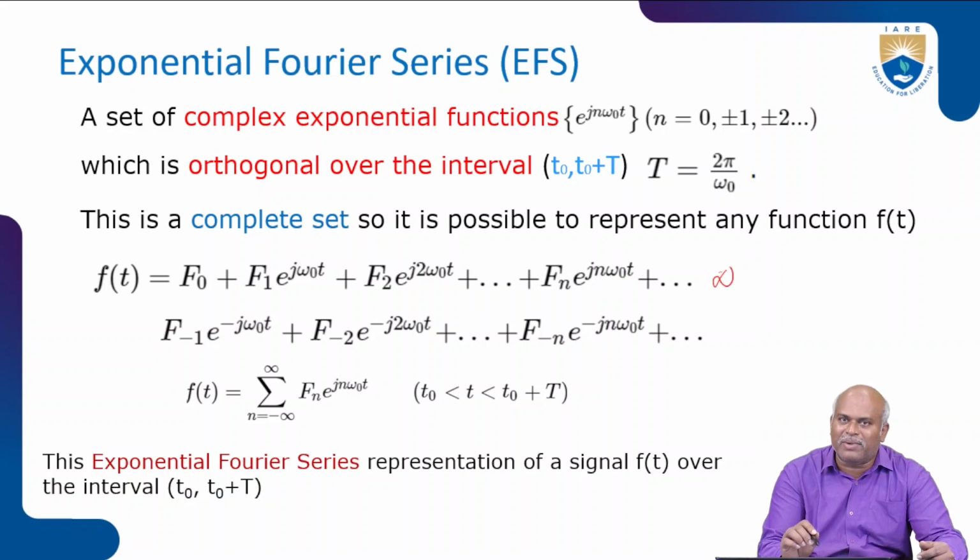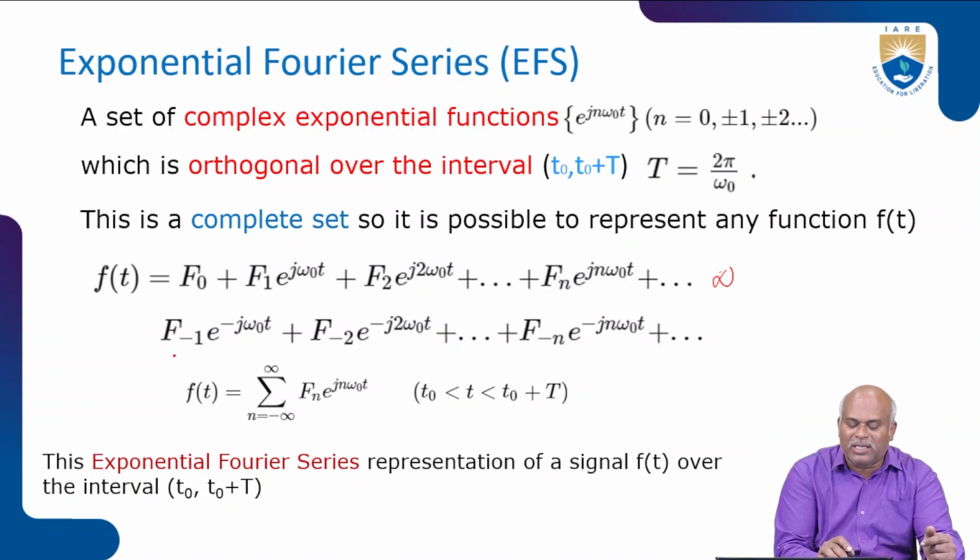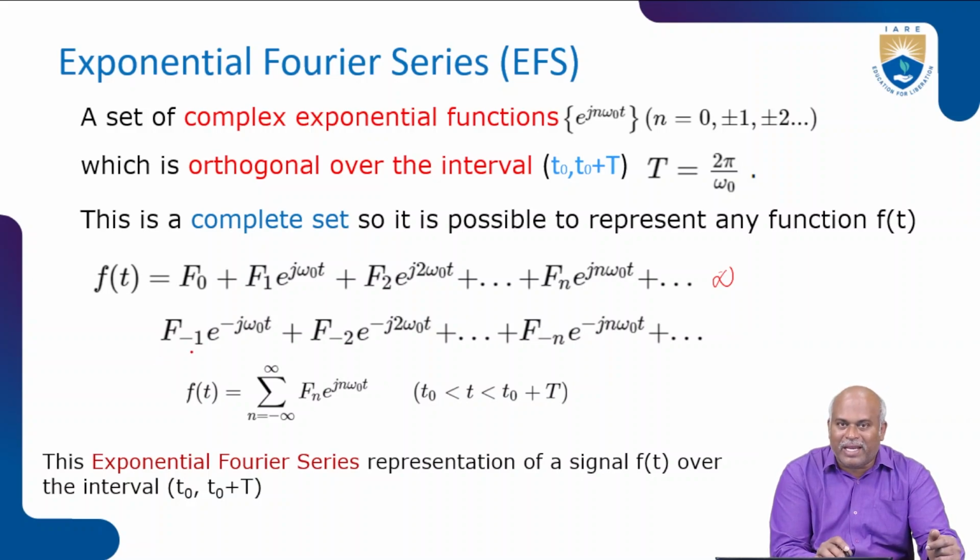And what we did for the positive side, the same happens for the negative side also because of orthogonality. So f of minus 1 e power minus j omega 0 t plus f of minus 2 e power minus 2 j omega 0 t up to f of minus n e power minus j n omega 0 t, up to infinity.